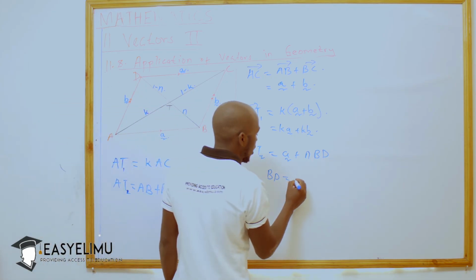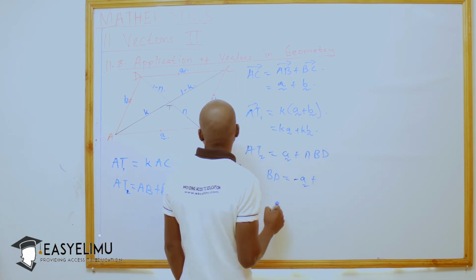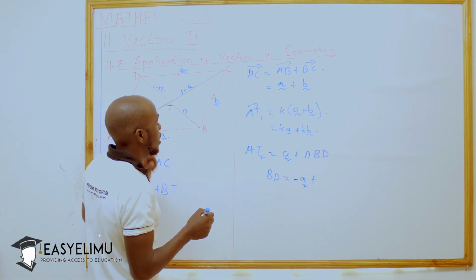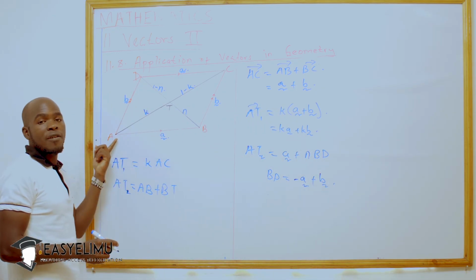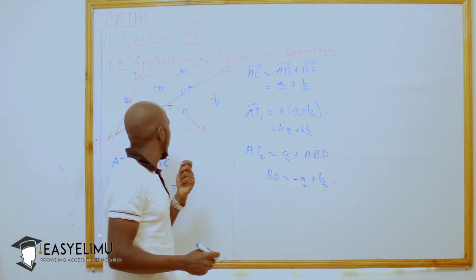So it shall be negative vector A plus the other one, positive B. Because you are going against the vector, it shall be negative.